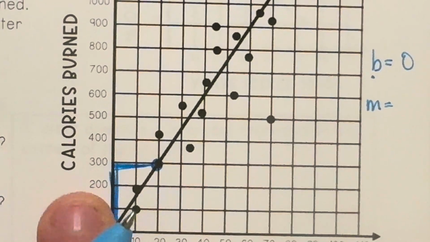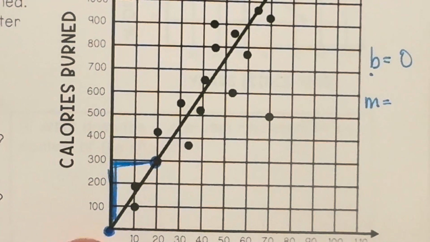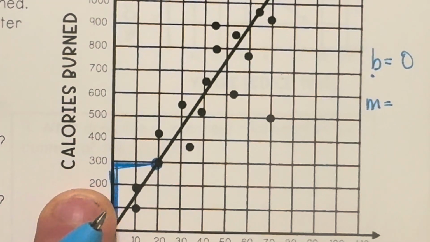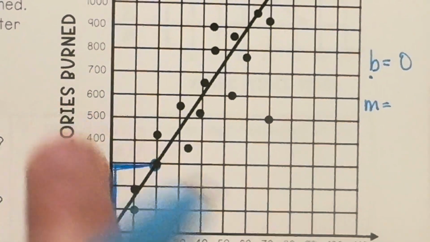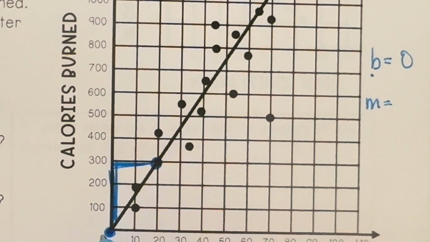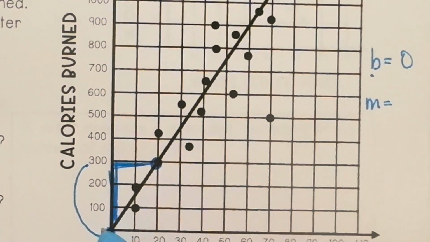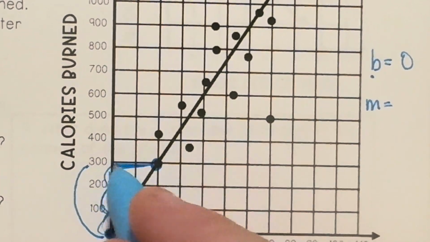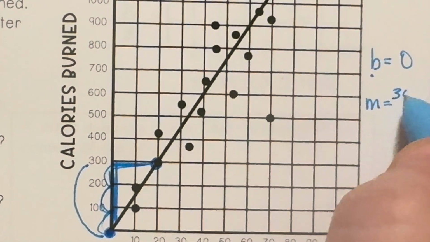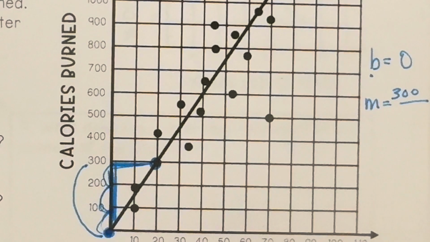Now, looking at my y-axis, I notice it is using 100s to count by. Every line is increasing by 100. So I am going from 0 all the way up here, and that's a jump of 3 spaces, so 100, 200, 300, over.